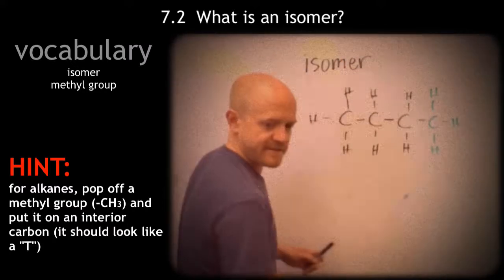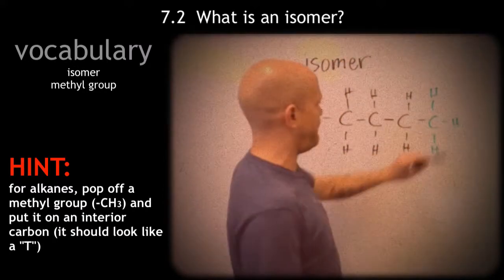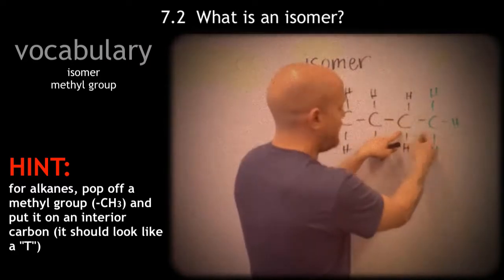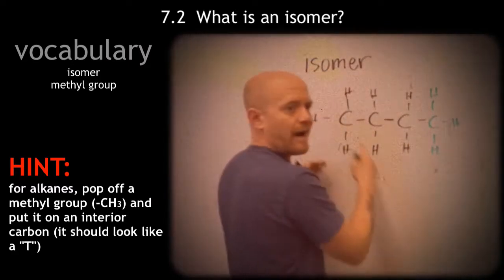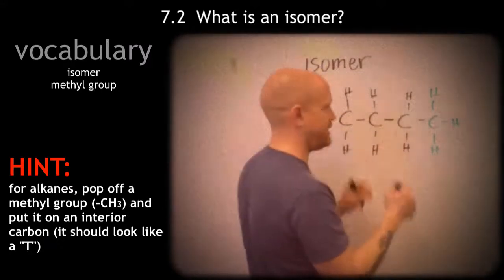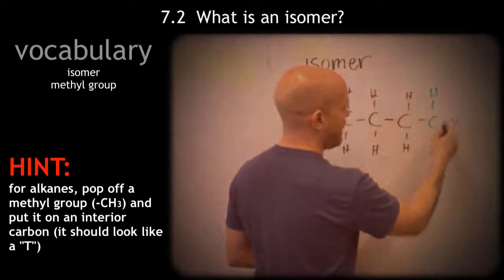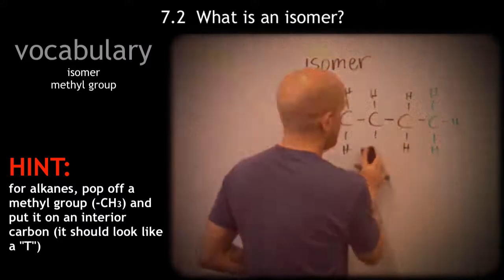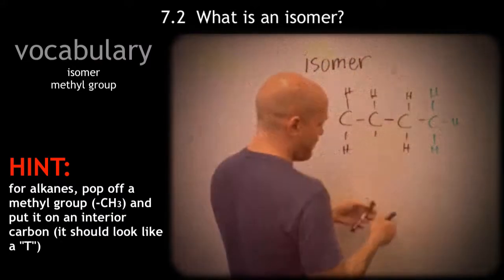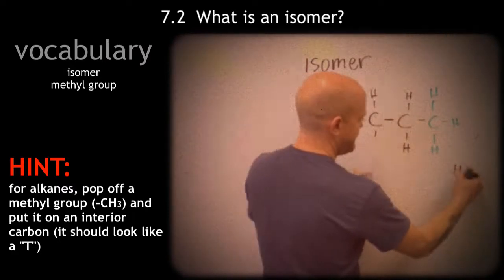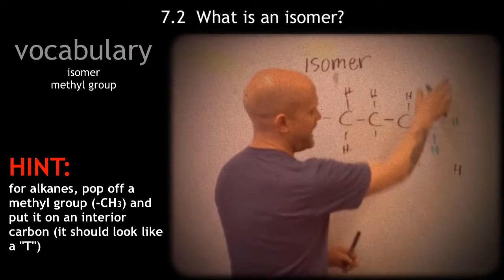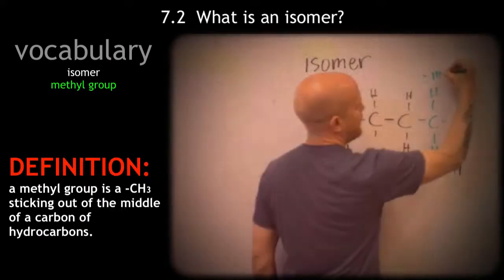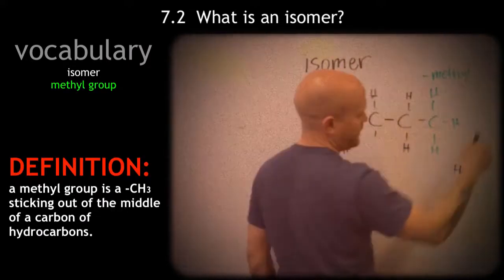So let's try this. Let's take this one off here, and I'm not going to move it here because it's already on this carbon. I've got to move it onto a carbon in the interior section. So I'm going to take it off of the third carbon, or second, depending on how you count it, and put it down here. Remember, I have that H that was right there. This CH3 is called a methyl group.